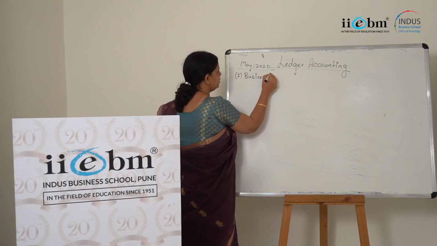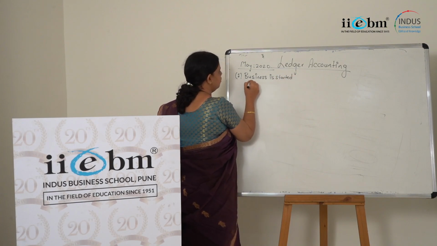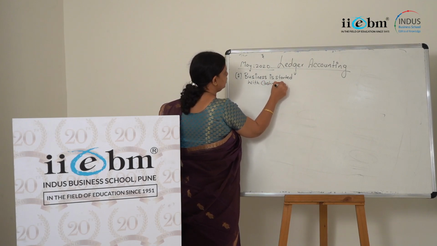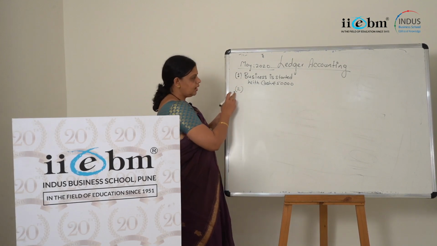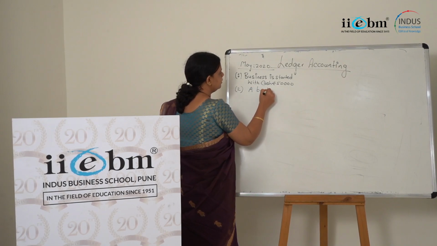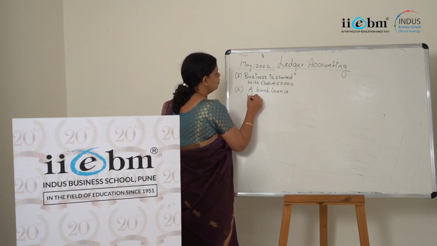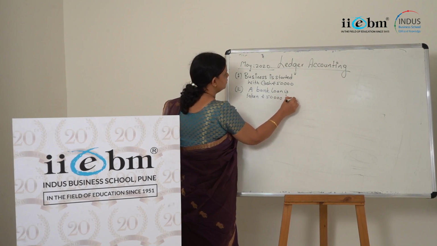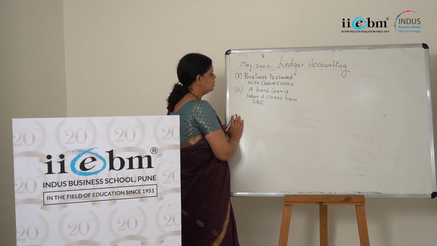So the first transaction is: business is started with cash rupees 50,000. May 2, 2nd May: a bank loan is taken, rupees 50,000 from SBI, right?